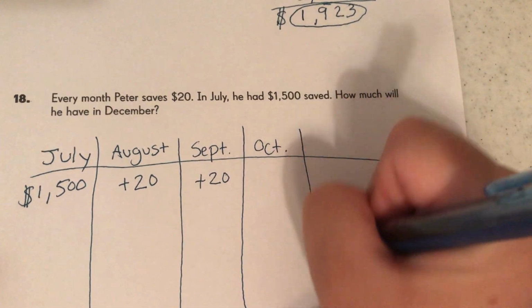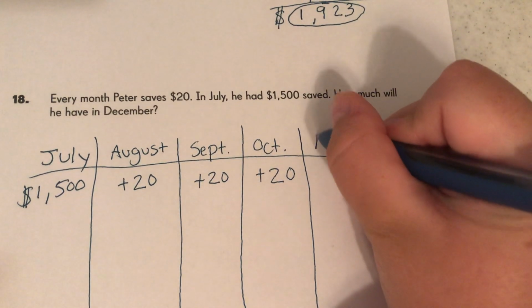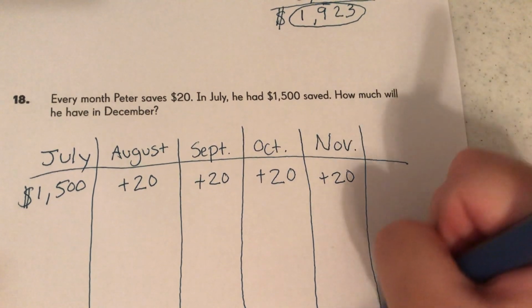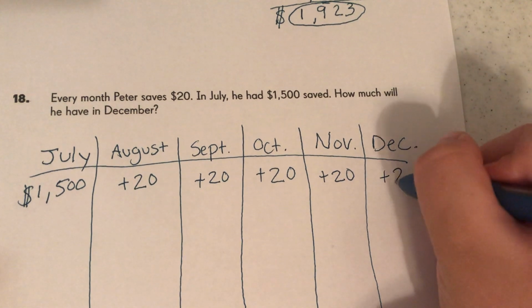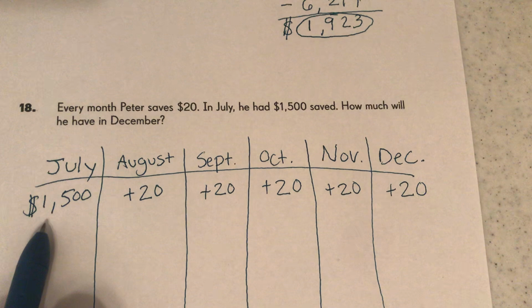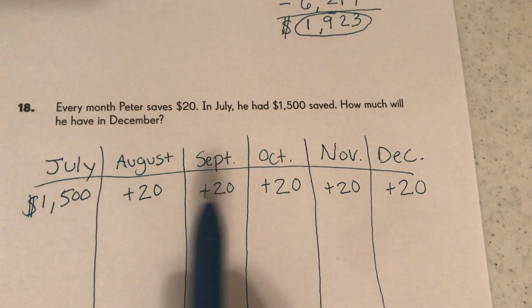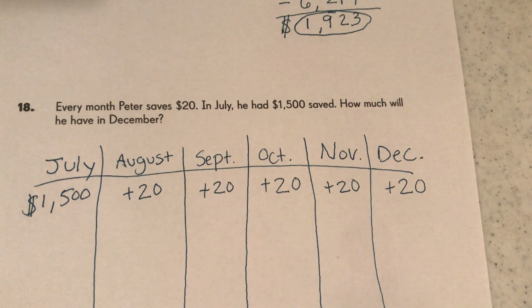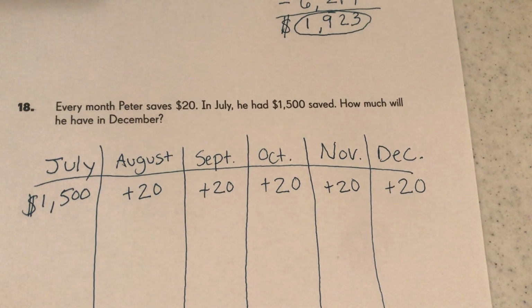October, he adds $20 more. November, he adds $20 more. And finally, December, he has $20 more. So I'm starting with $1,500. And I'm adding $20 for each of these months to figure out how much he'll have in December. Can you figure it out?